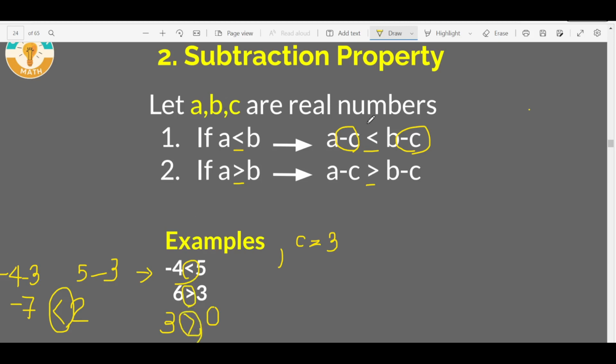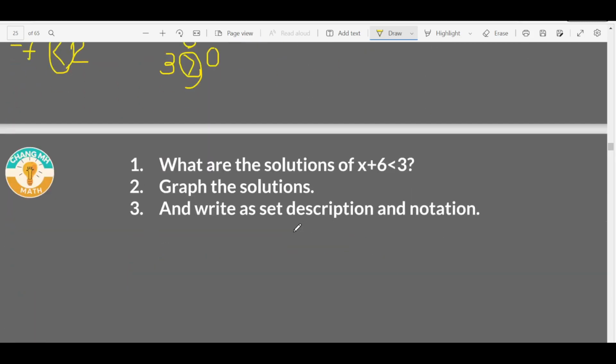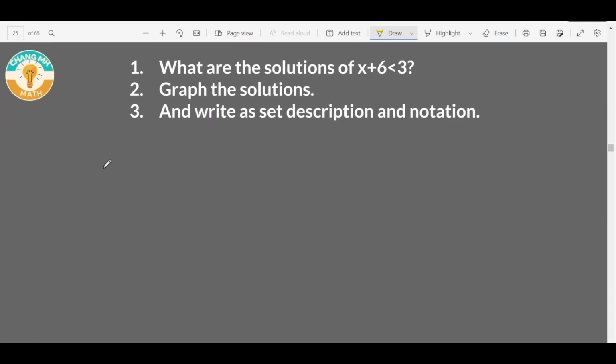So this is the subtraction property. The addition and subtraction properties are the same. When you add or subtract a number to both sides of the inequality, the sign will remain the same. Okay, let's look at some examples here. The example gives us x plus 6 less than 3.